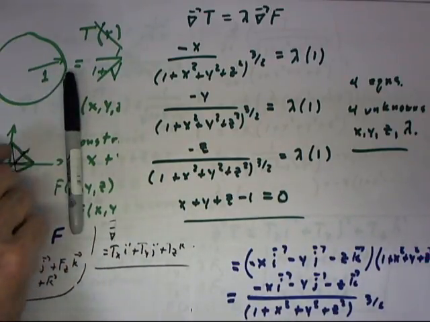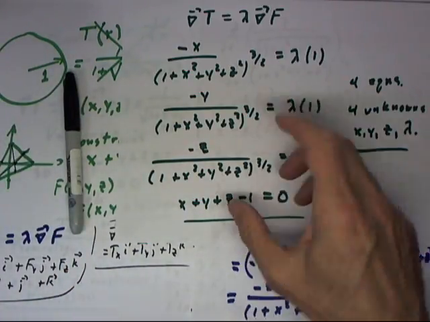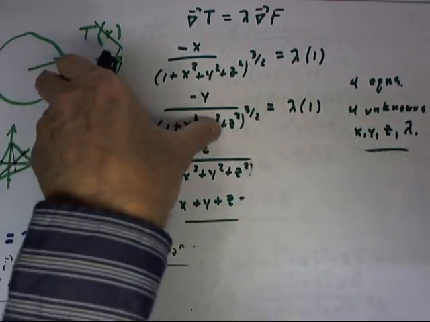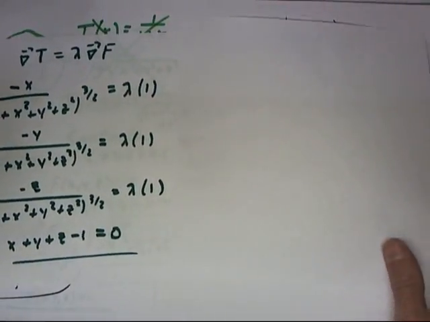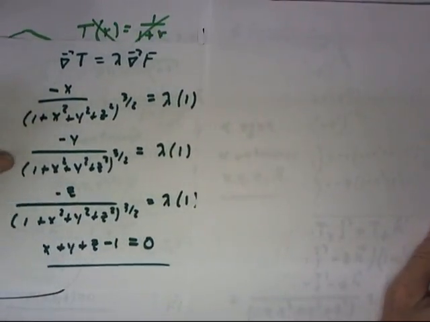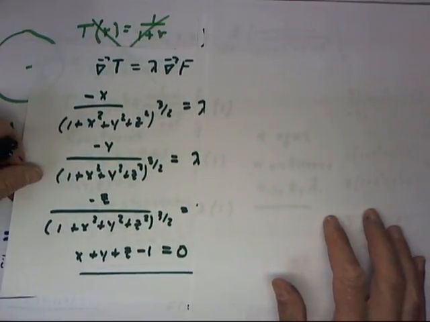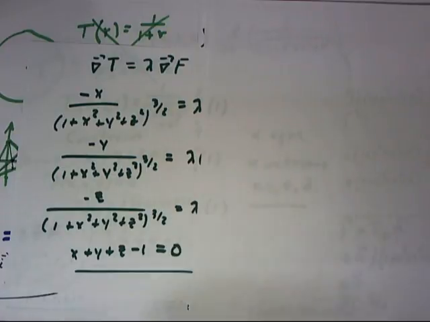This situation, as we've seen, has a nice symmetry, and that's reflected in these equations. So, at any solution point, we can get rid of those 1's if we want to, because of course lambda times 1 is lambda.